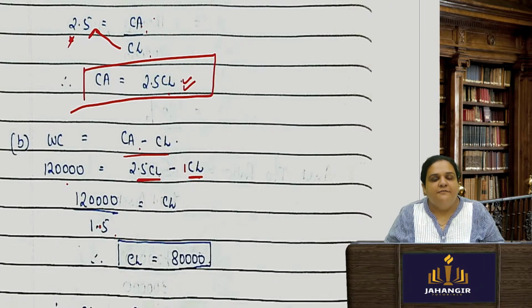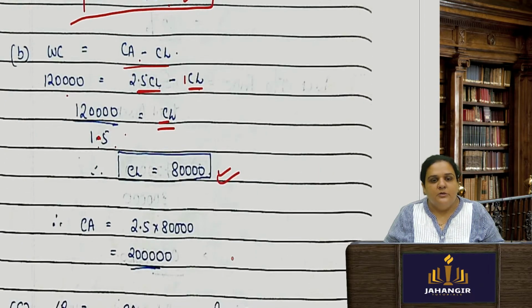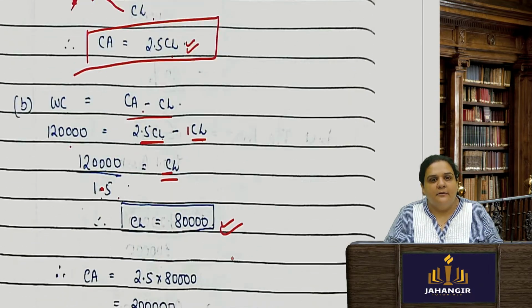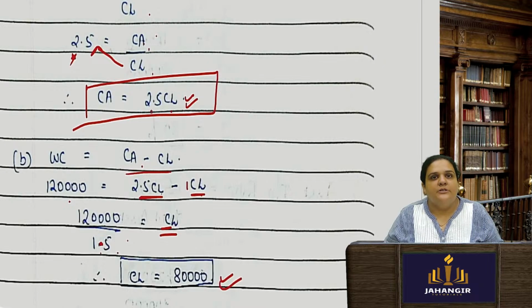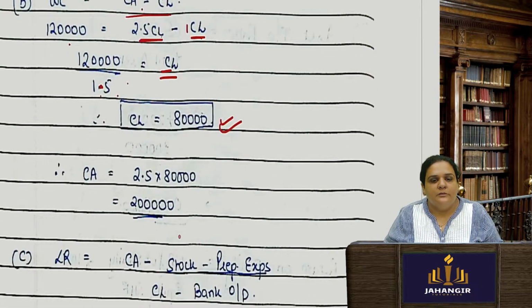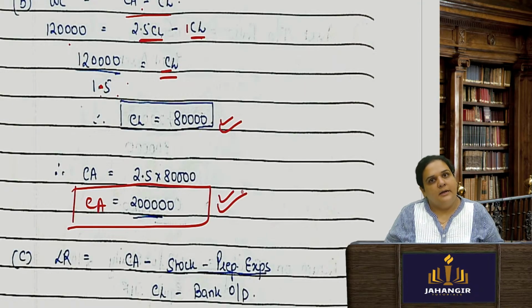Take that 1.5 to the other side, so 1,20,000 divided by 1.5 will give me my current liabilities, which is going to be 80,000. So the current liability figure is done. I can put it in this equation, 2.5 into 80,000, and that will give me my current assets. So I got current assets and current liabilities.